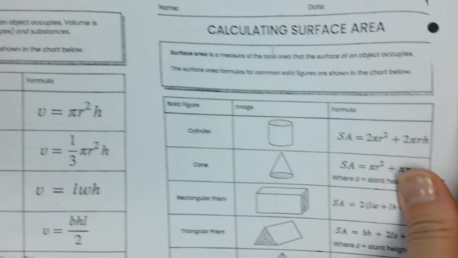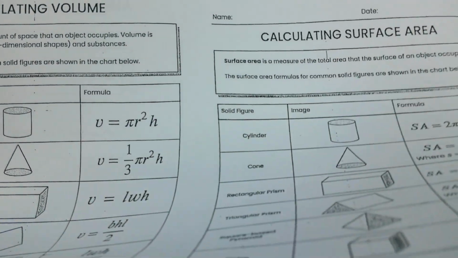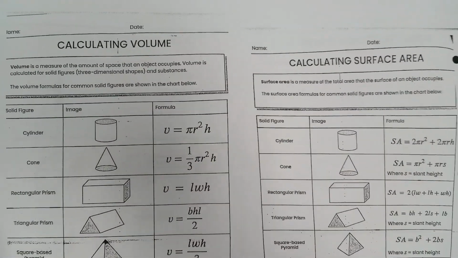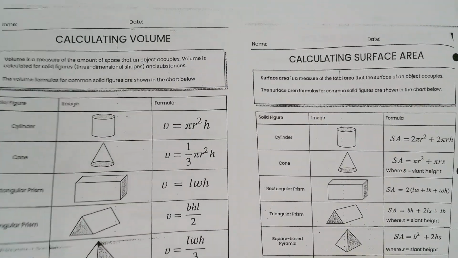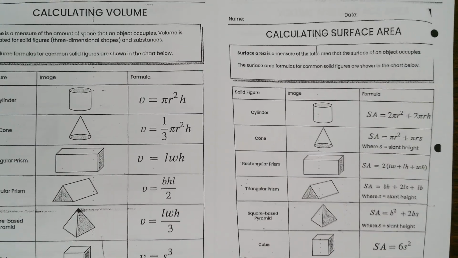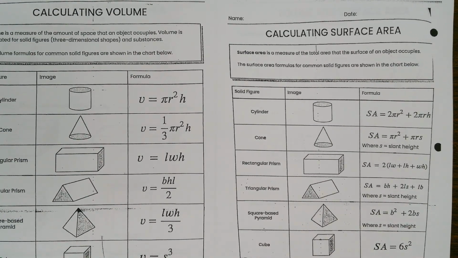We're going to move on to volume and surface area now. Look at this formula sheet. A minute ago I was telling you that you have to memorize the perimeter and area formulas. By now you know perimeter of a circle is 2 pi r, area of a circle is pi r squared, triangle is base times height divided by 2, and so forth.